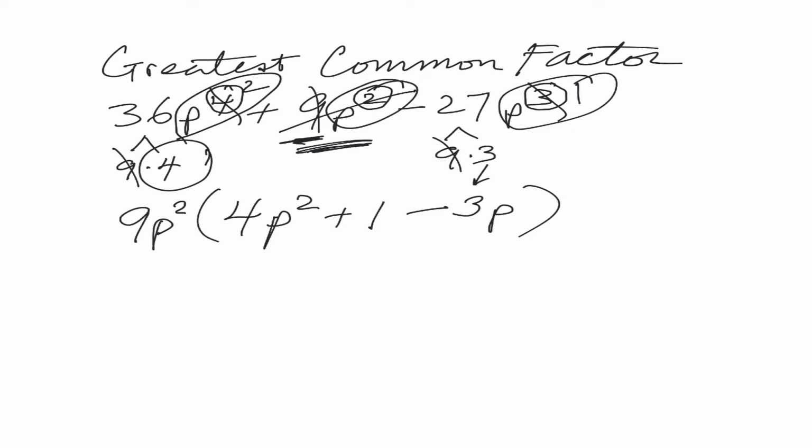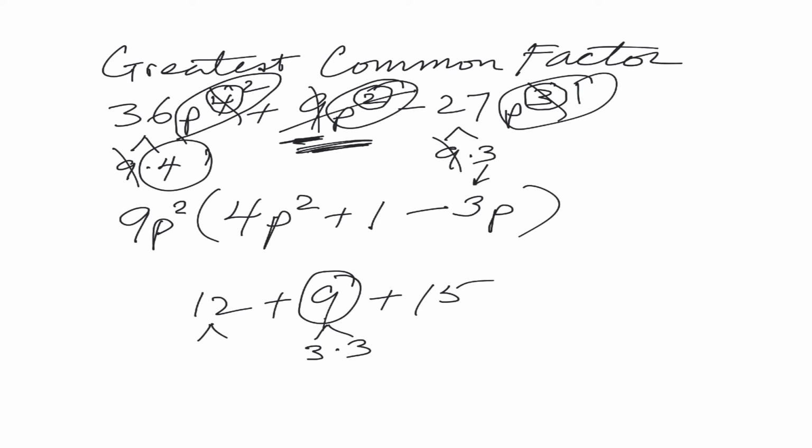Again, with the numbers, see if the biggest number, 9, is a factor in the other 2. Sometimes it's not. Then you have to settle with, for example, if you had a 12 and a 9 and 15, and then 9, since it's smaller, but 9 is not a factor of 15 or 12, so then you have to break it down to 3 times 3, and then you find a 3 in 12, okay, and then find a 3 in 15, and then 3 is going to be the greatest common factor.